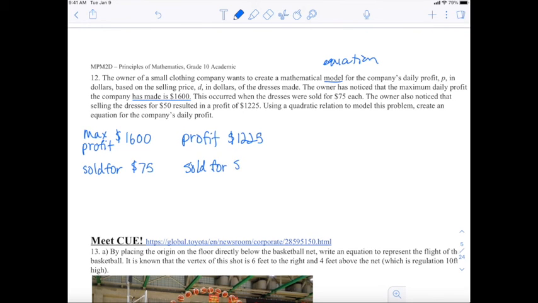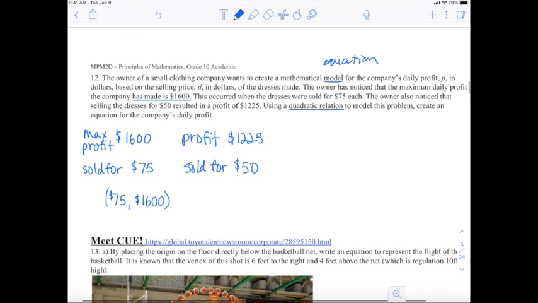So guys, what we're given here, and it tells us that it's a quadratic relation, so I know it's a parabola, is 2 points on the graph. If it sold for $75, my profit was $1,600. How do I know that the 75 goes first and the 1,600 goes second?